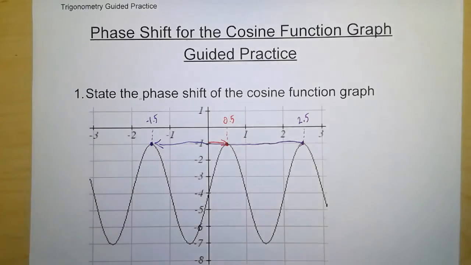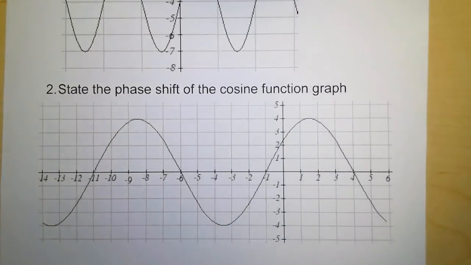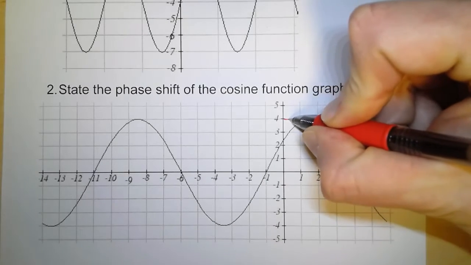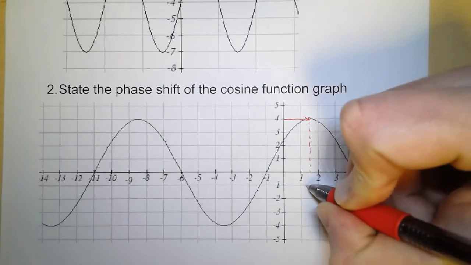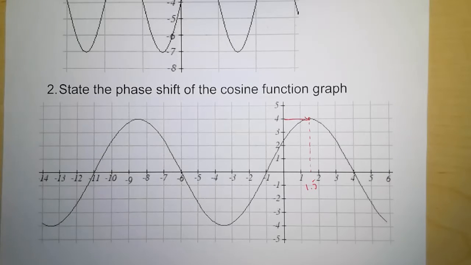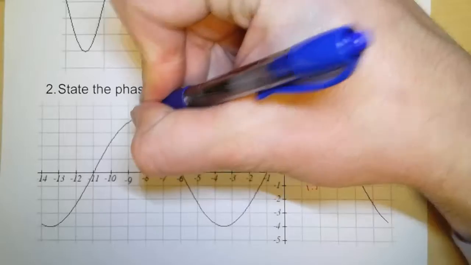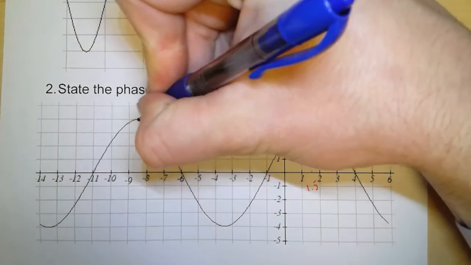So let's look at another one. With this one, here, we've got this peak right here. And so that means it got moved over this much. And if I look, that's going to be 1.5, because that's halfway between 1 and 2. But what about this point over here? We could say that it got moved all the way to there.